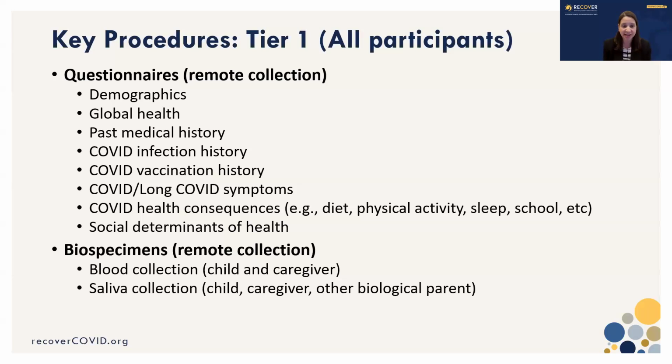So impacts on diet, physical activity, sleep, school, and other aspects of a child's well-being, as well as social determinants of health, including blood and saliva biospecimen collections in both the child and the caregiver. Next slide.